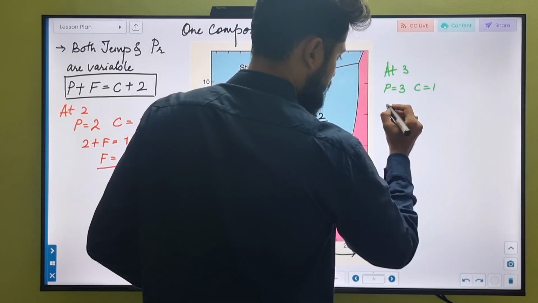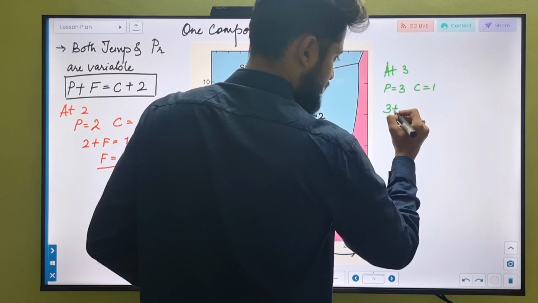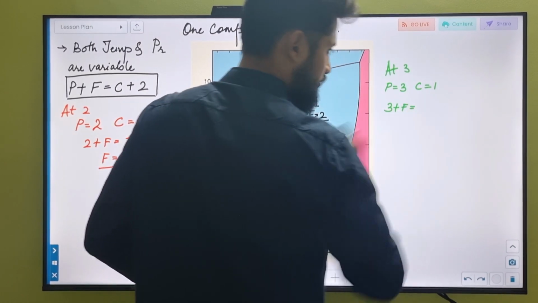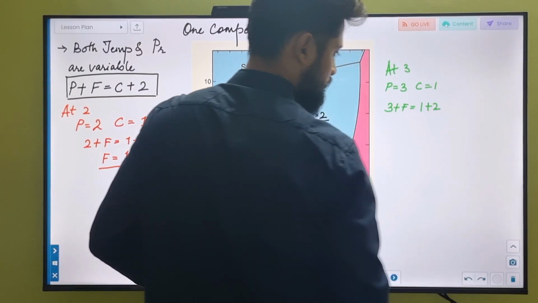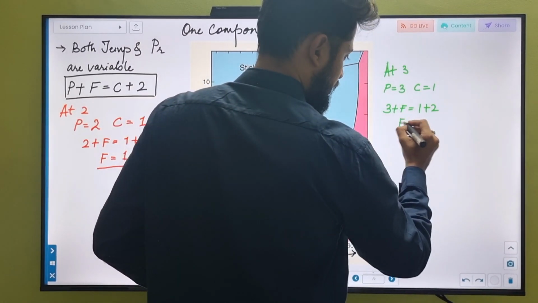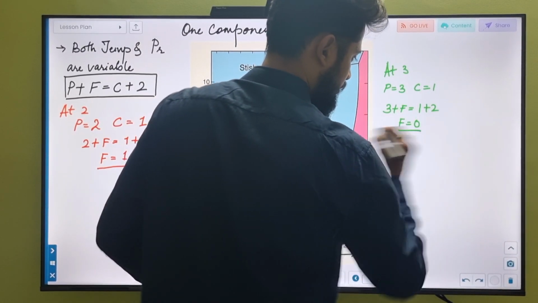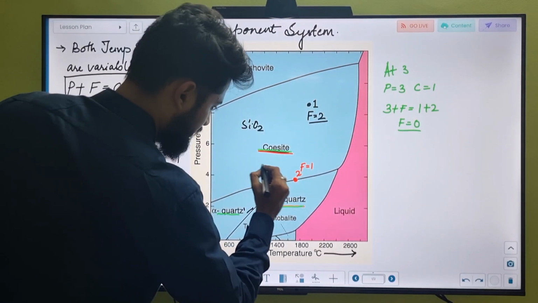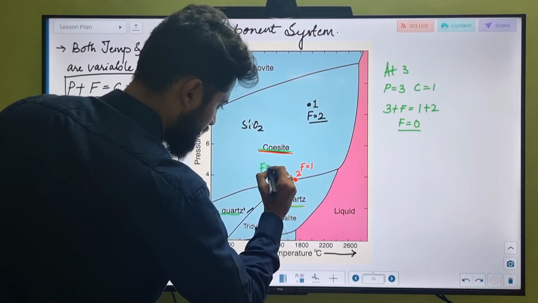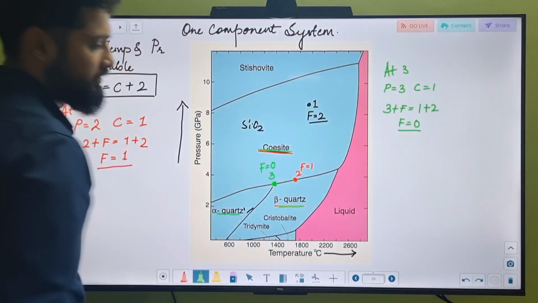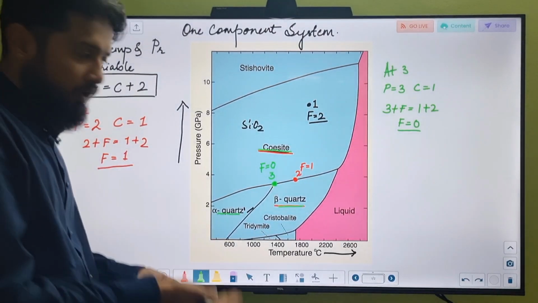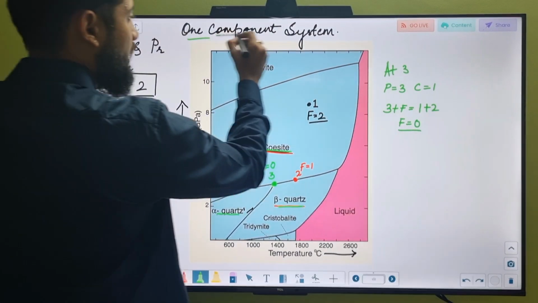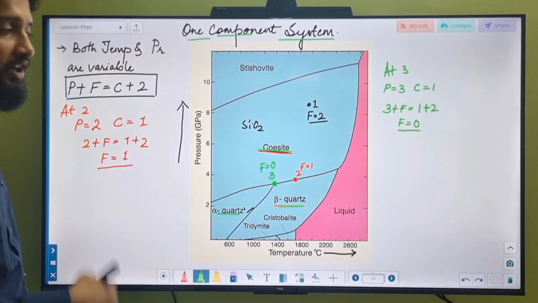So 3 plus F is equal to 1 plus 2. So F will be 0. So here the degree of freedom will be 0. Clear?